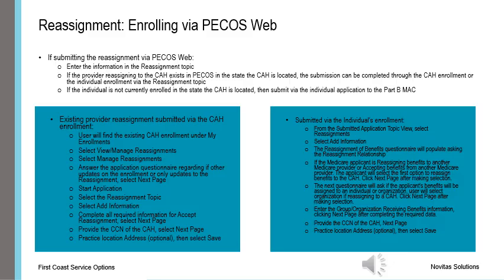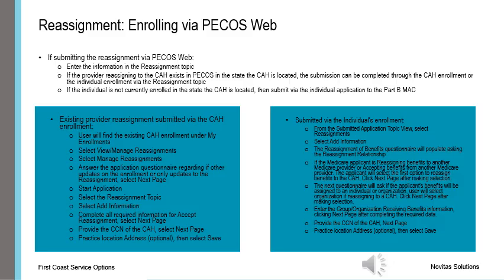If the Medicare applicant is reassigning benefits to another Medicare provider or accepting benefits from another Medicare provider, the applicant will select the first option to reassign benefits to the critical access hospital. Click Next Page after making selection.